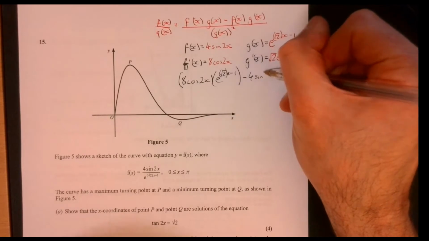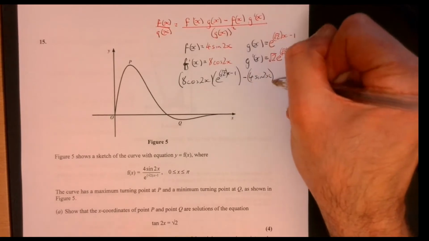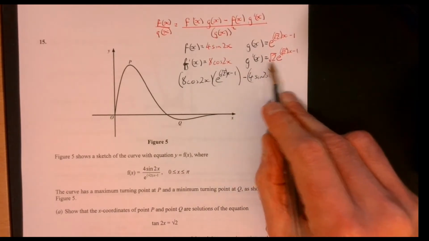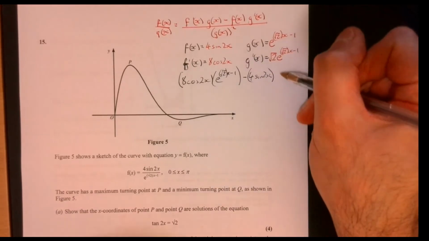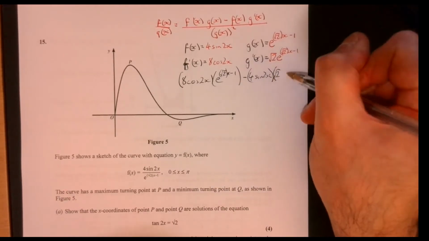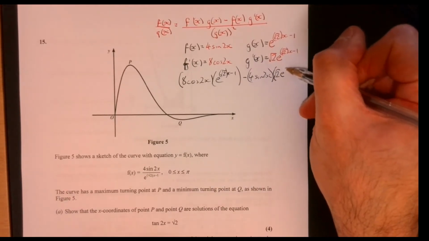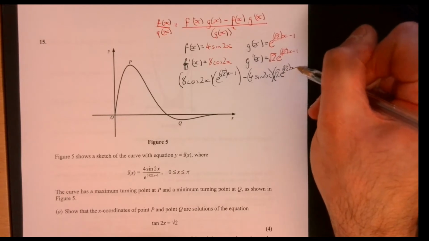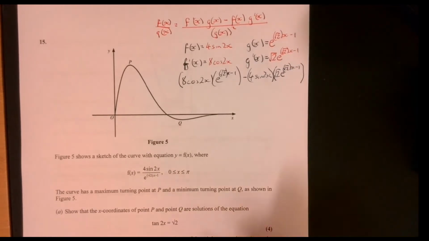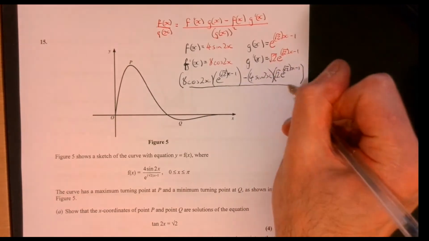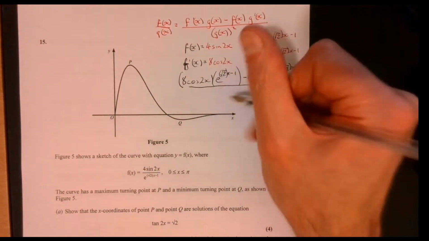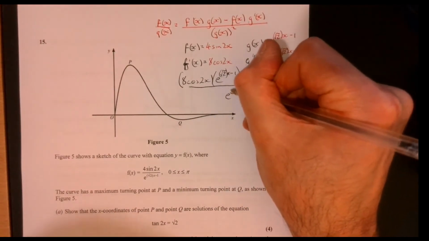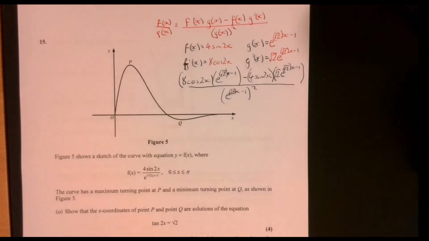So 4 sine 2x, and also make sure we multiply here. So we got root 2 e to the root 2x minus 1. And all of that, don't forget, is to be divided by e to the root 2x minus 1, and that squared.